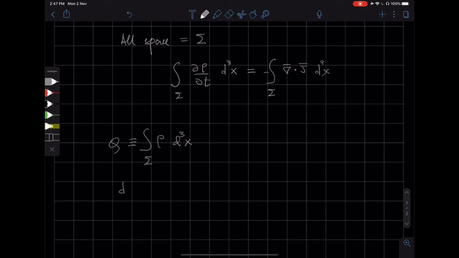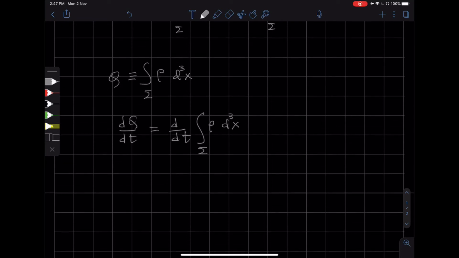If I take the time derivative of Q, Q only depends on time, or can depend on time, because from the expression of Q, we see that its space dependence has been integrated over. So the time dependence of Q can be written as, now we assume that the limit of our integral is time independent.